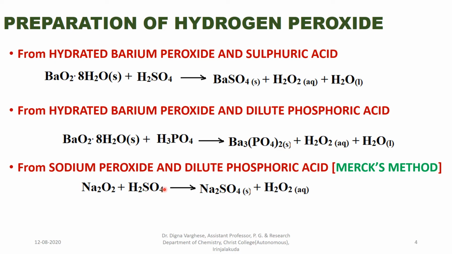The solution is cooled below 0 degrees Celsius when the sodium sulfate crystallizes out as its decahydrate, Na2SO4·10H2O, which is filtered off, and the remaining solution contains hydrogen peroxide.